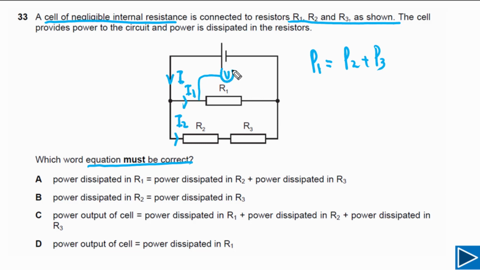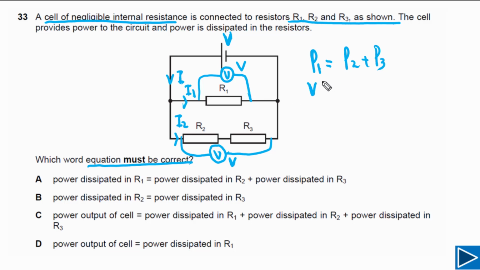If I connect a voltmeter across R1, the reading will be equal to the potential difference across the terminals of the power supply, and because it has no internal resistance, this will be equal to the EMF of the power supply, which we can call V. We can also connect a voltmeter across these two resistors, and the reading will also be equal to the EMF of the power supply. Now we can find out whether these two are equal or not.